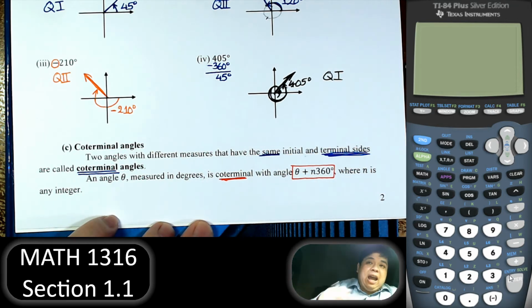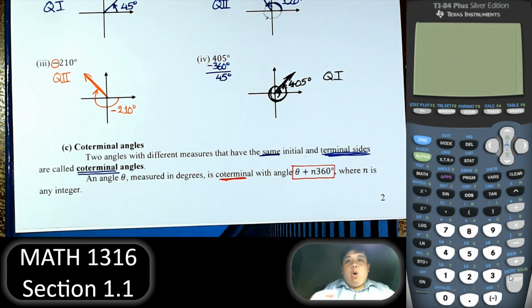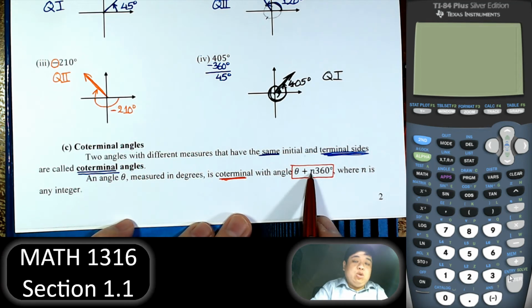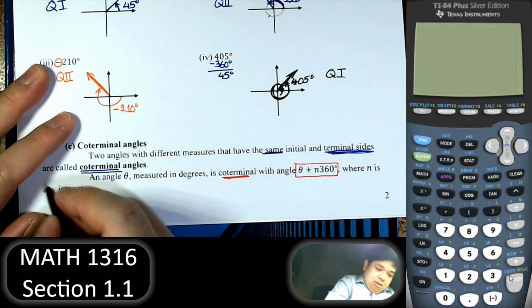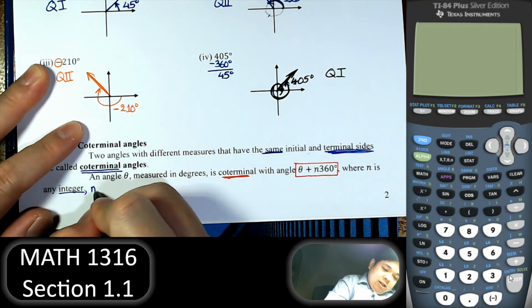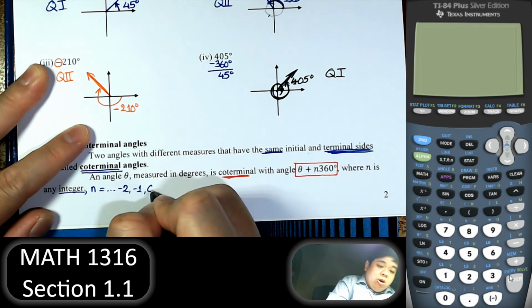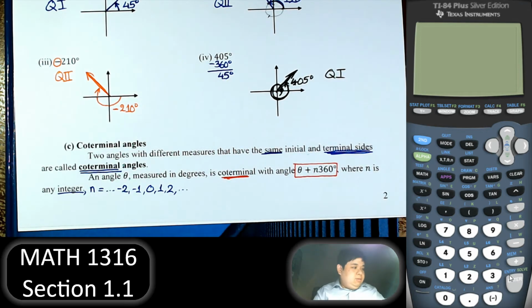We can add a multiple of a revolution, or we could subtract as well. Here n could be negative or positive, but it has to be an integer, meaning negative 2, negative 1, 0, 1, 2, and so on.